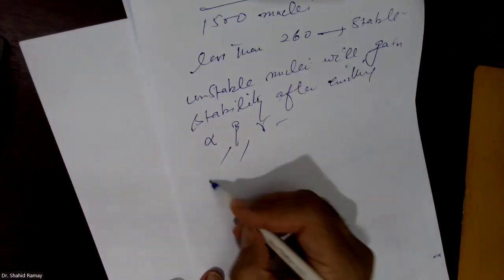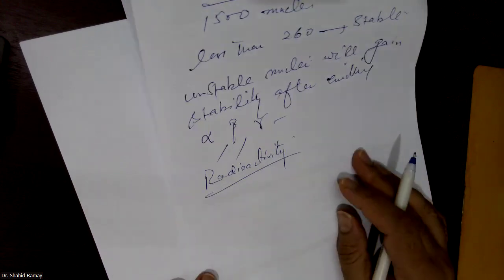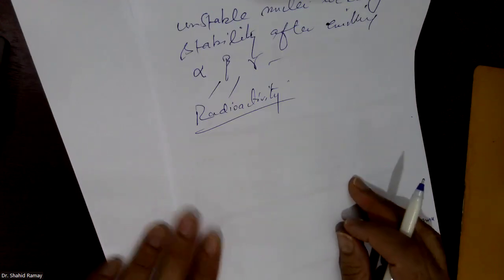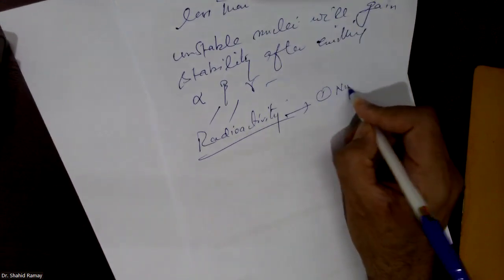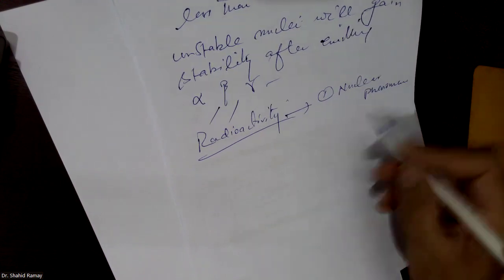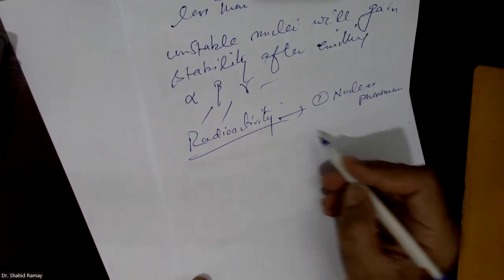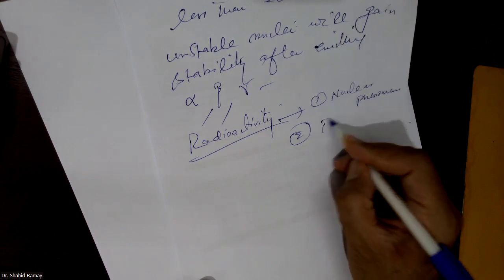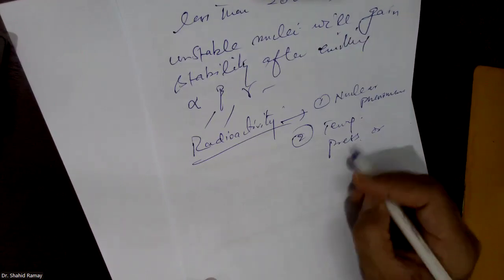So this phenomenon is called radioactivity: unstable nuclei become stable. Number one, radioactivity is a nuclear phenomenon. Nuclear phenomenon means all the reactions exist within the nucleus, not outside the nucleus. Also, these radiations are unaffected by temperature, pressure, or other physical conditions.